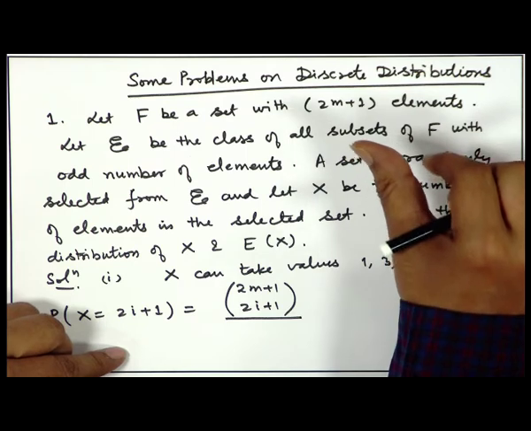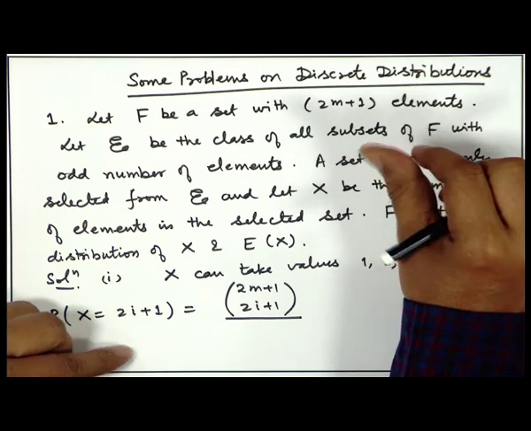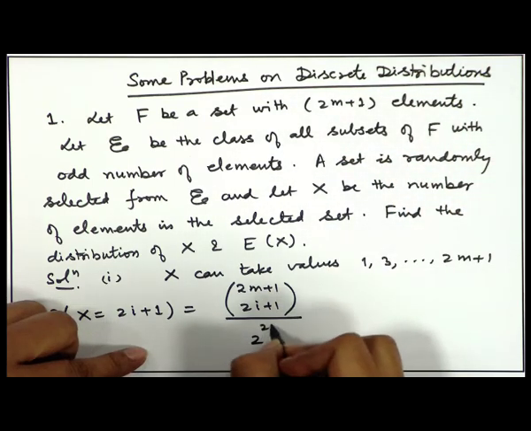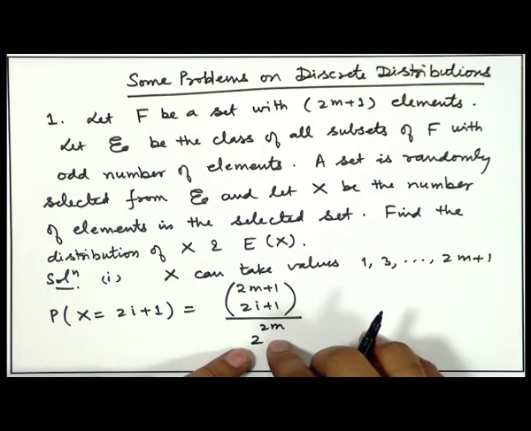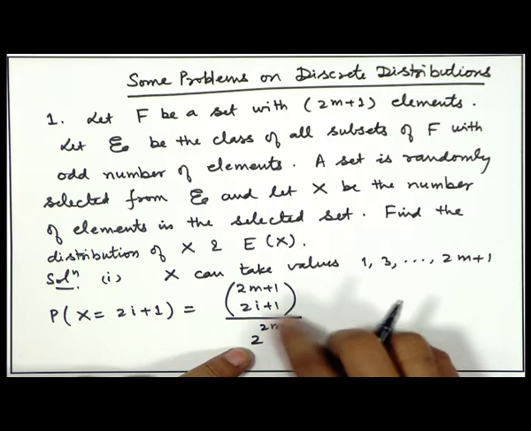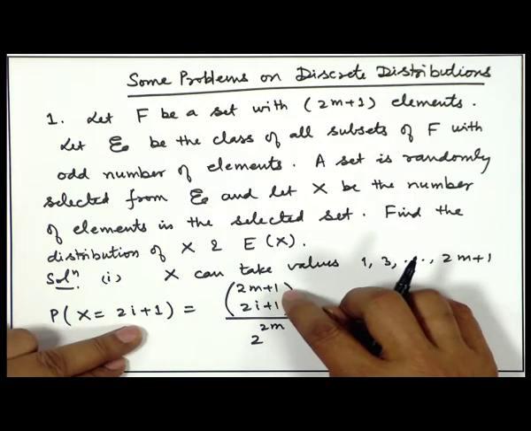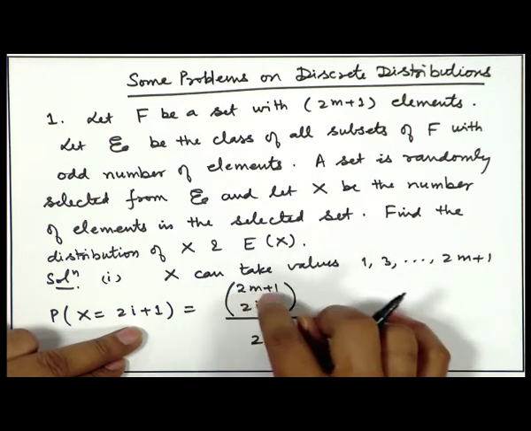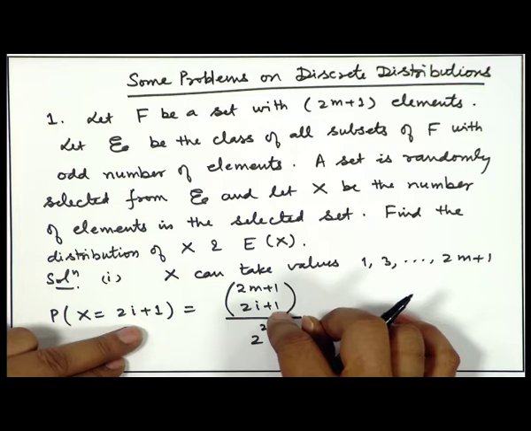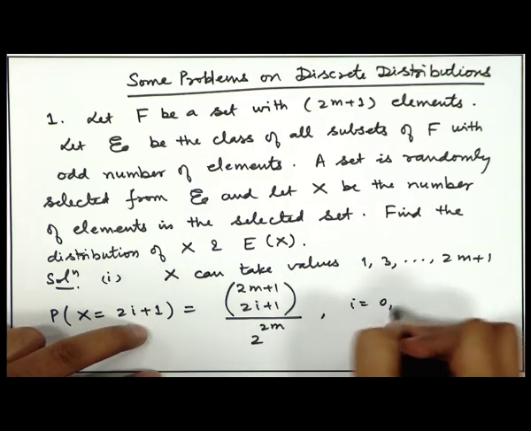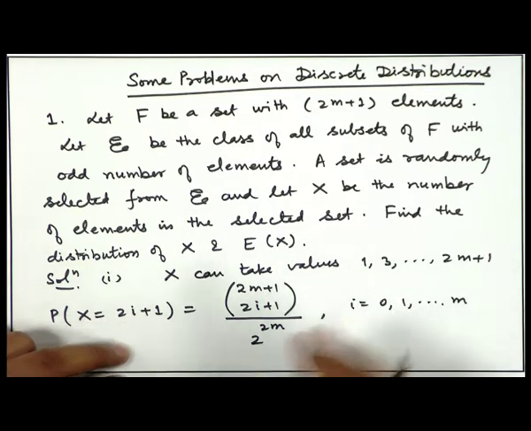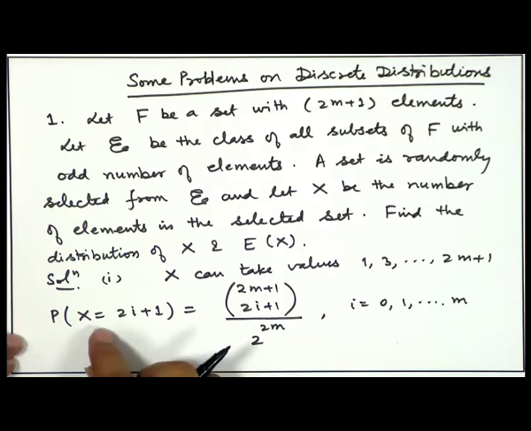Those sets which have odd number of elements will be 2 to the power 2m. So, that is coming in the denominator, and in the numerator I am having those sets which have 2i plus 1 elements. So, such sets are 2m plus 1 choose 2i plus 1 for i equal to 0, 1 to m. So, this is actually the probability distribution of X here.